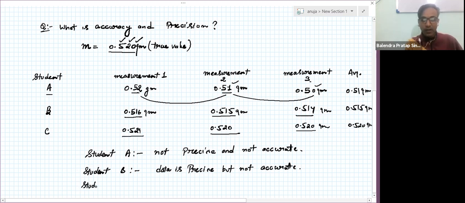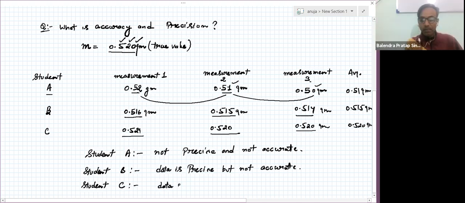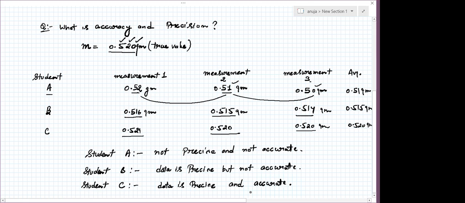Is it clear, what is accuracy and precision in measurement? Yes, sir. Clear.